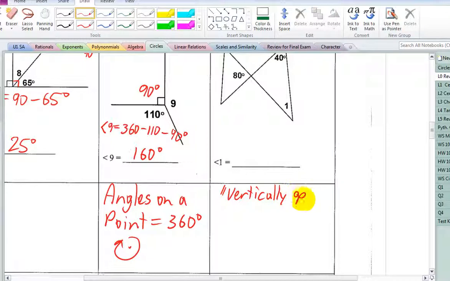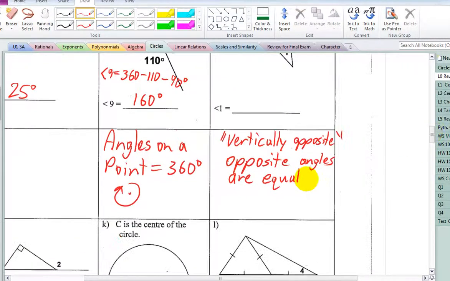So now we just call it opposite angles. Opposite angles are equal. What's parallel lines? They used to do it in grade 8. We don't do it anymore. I think you do in grade 10. And they look like that. Yeah, parallel lines.